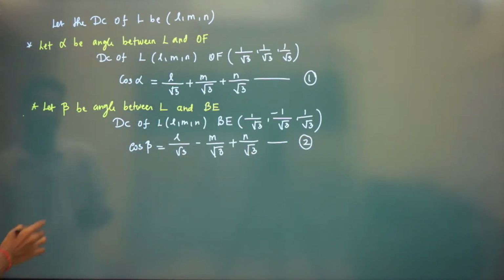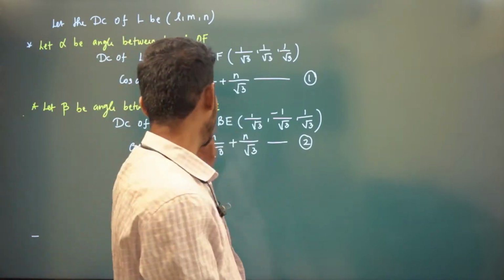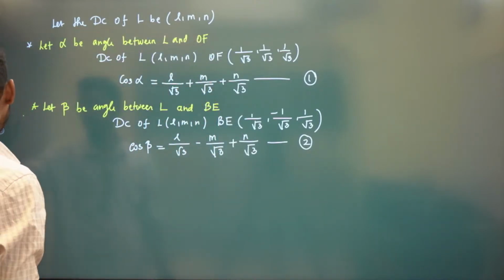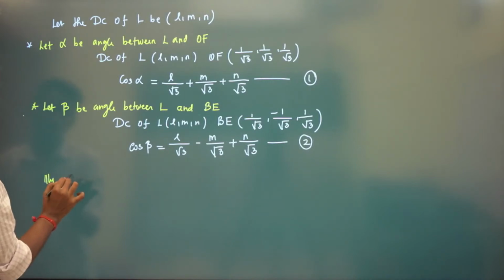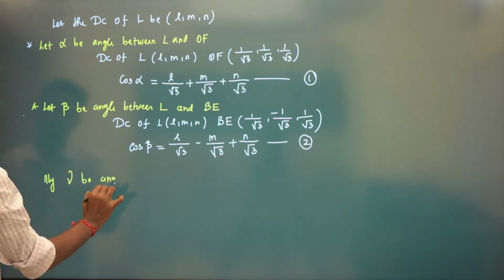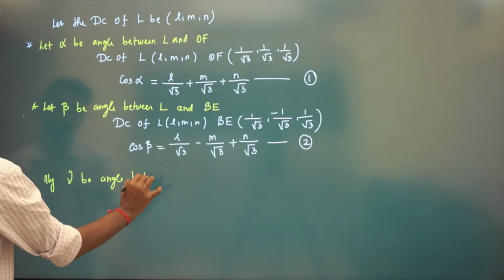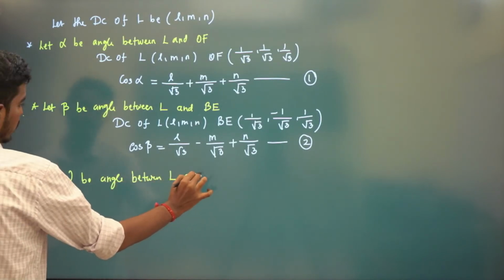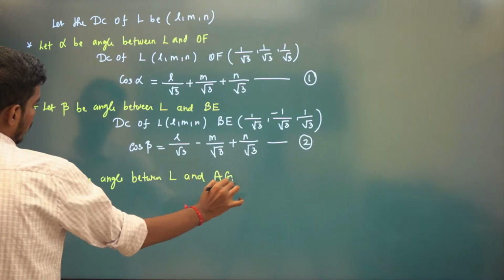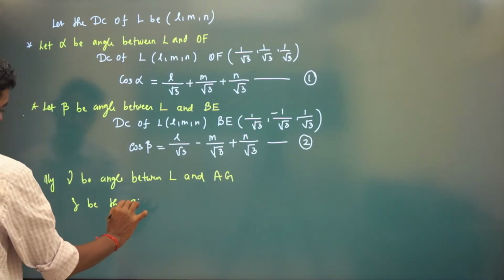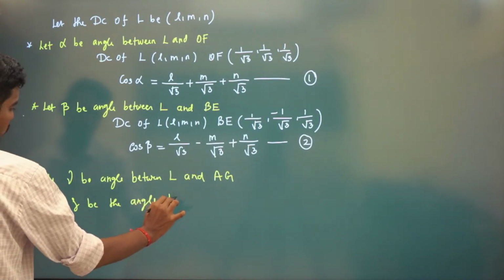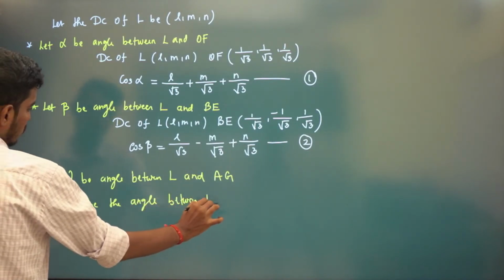Now similarly, let gamma be the angle between L and AG, and delta be the angle between L and CD.